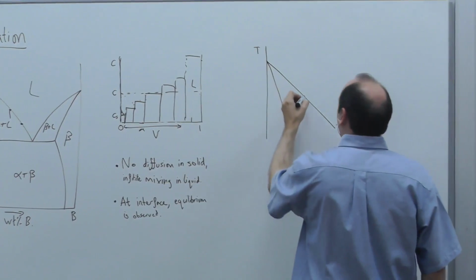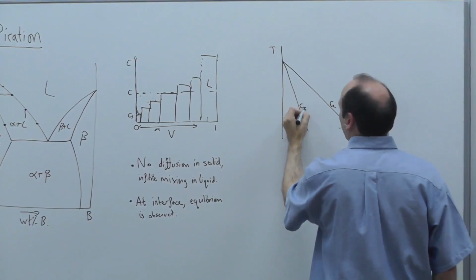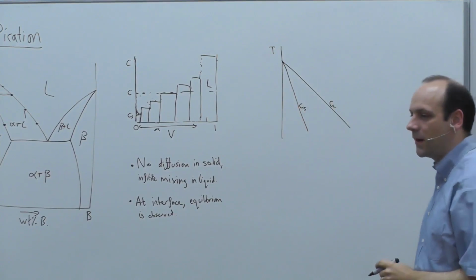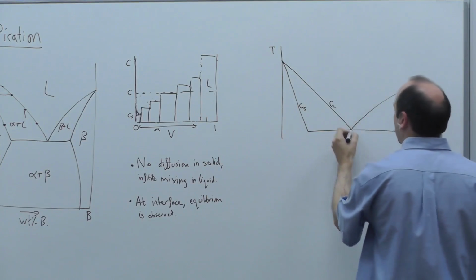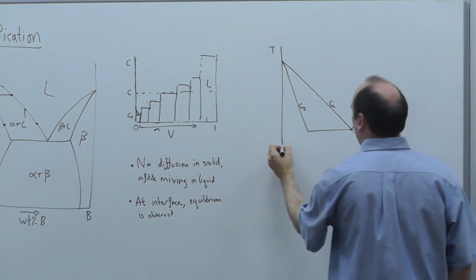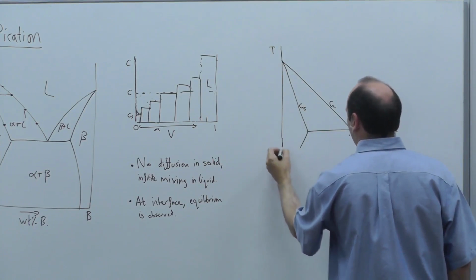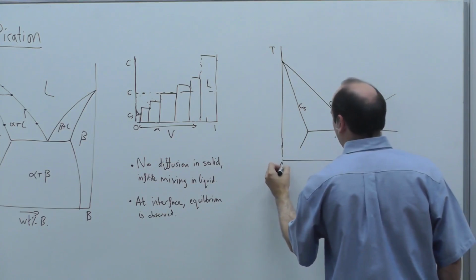So this is my composition of my liquid as a function of temperature, that's my composition of my solid. Let's call that a solid phase. And at some point, eventually, I get to the eutectic point. So that's my eutectic point, and that's my eutectic temperature. And then down here, eventually, I've got my composition going like this, and that's my pure A.